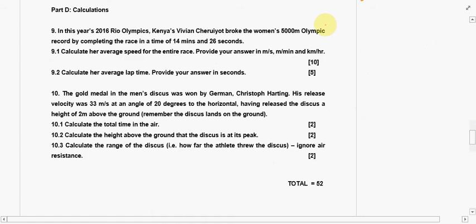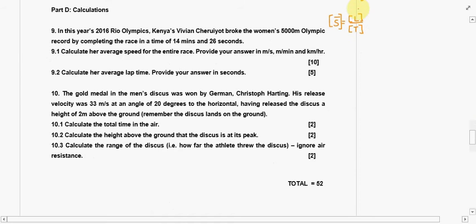So remember that average speed, right, the units of speed are always some length over some time, right? Where length can be in meters, kilometers, or centimeters, and time can be in seconds, minutes, or hours.